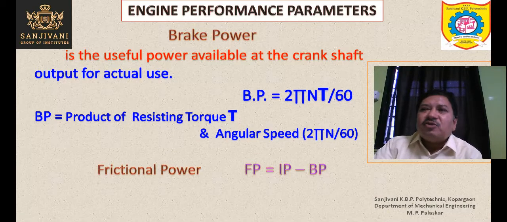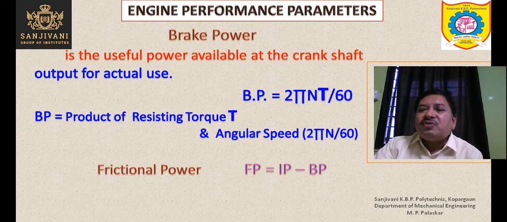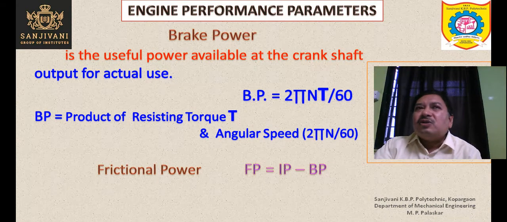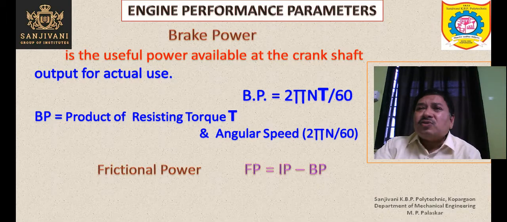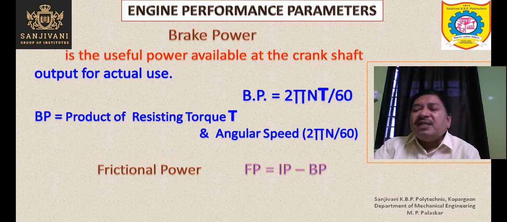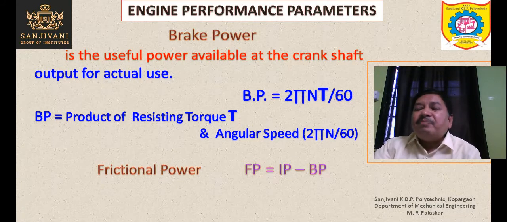For the suction stroke power is required, that is the pumping loss during the suction stroke. During the compression stroke also, for compressing the charge some power is required. Then during the exhaust stroke also, in order to drive the exhaust gases out of the engine cylinder, some power is required, and that is the pumping loss.